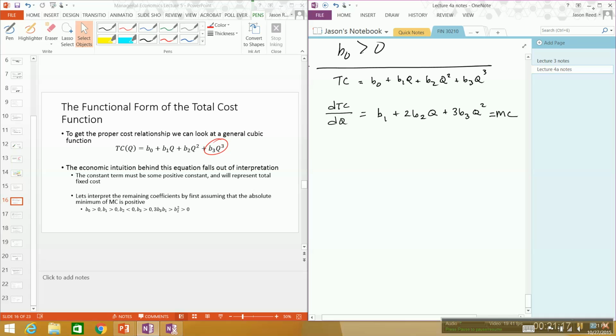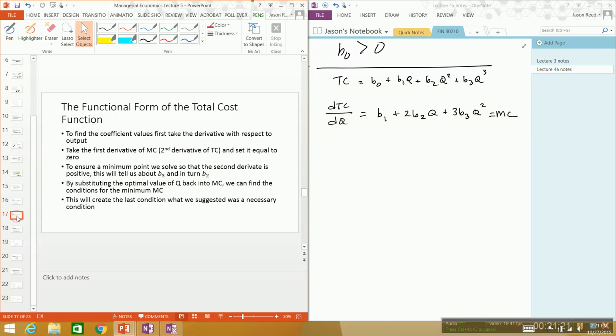So we've taken our first derivative, and we have marginal cost here. Now we want to take the first derivative of marginal cost, which is the second derivative of total cost, and we're going to set it equal to 0. So we're going to do the second derivative of TC with respect to q. Again, beta 1 is going to drop out for us.